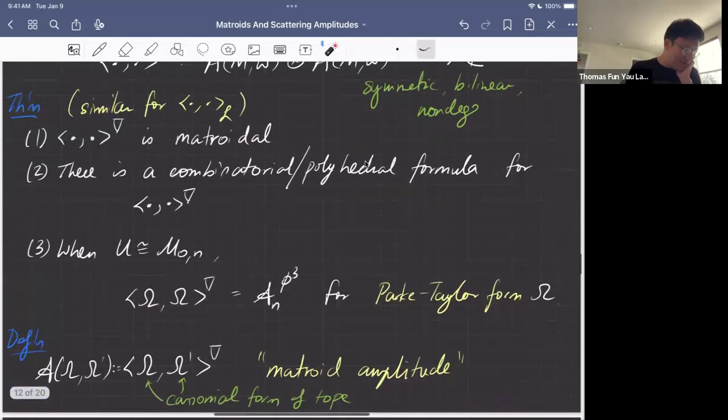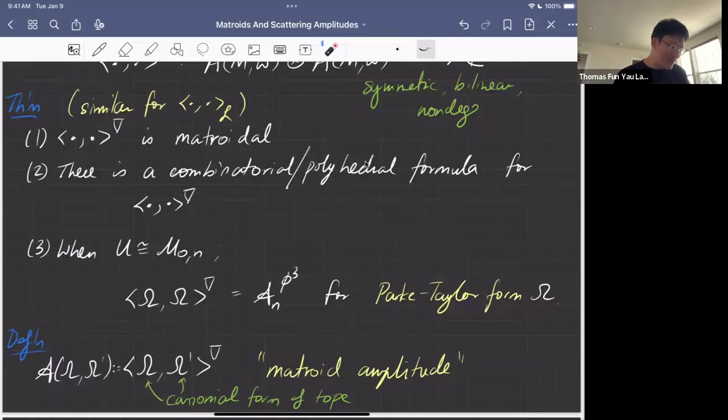So the definition, that's the title of this talk: what's the definition of a matroid amplitude? I'm going to take a particular differential form, which is a particular element in the top degree part of the Orlik-Solomon algebra. I'm going to plug this into the bilinear form, and out will pop some complex number.